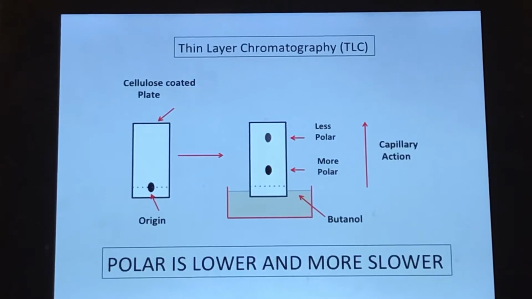By capillary action, the butanol is going to move up the plate, and those molecules that are more soluble in the butanol, that is those that are less polar or more hydrophobic, are going to move up with the solvent front, but more polar molecules that associate with the plate and will not associate with the butanol will tend to stay lower on the thin layer plate. So polar is lower and more slower is one of the slogans of TLC.